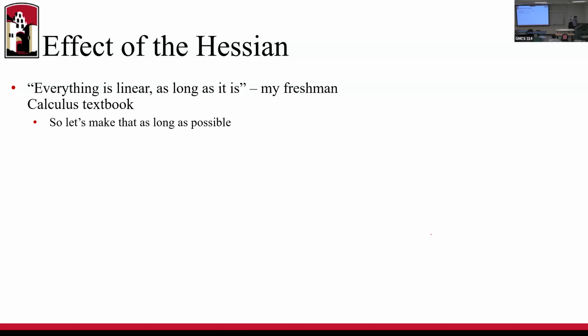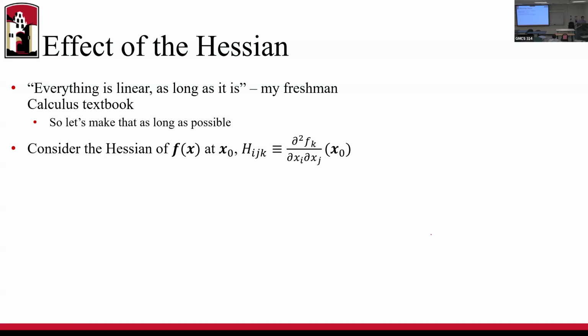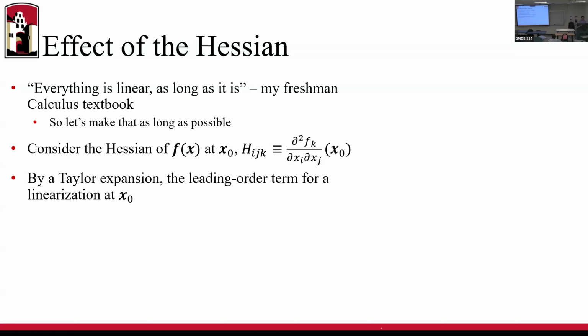And to do this, we'll focus on the Hessian of the function f of x. So we consider the Hessian as just the second derivative of f of x in all possible directions. It's going to be essentially a three-dimensional tensor. We have one order from f itself and two additional tensor orders from the double derivative.